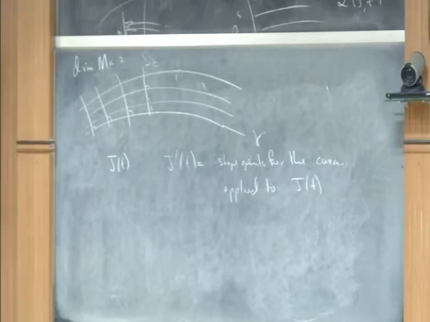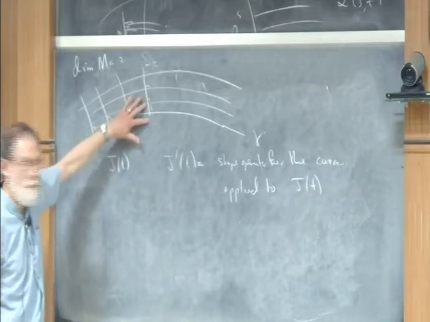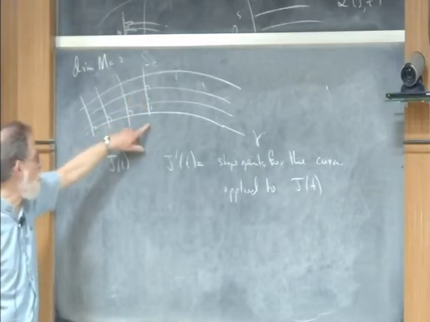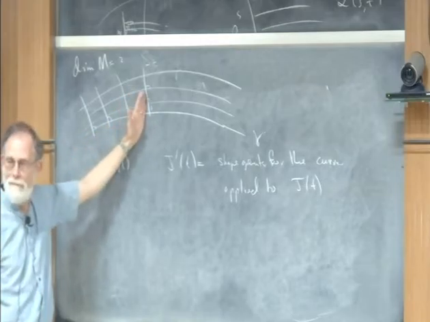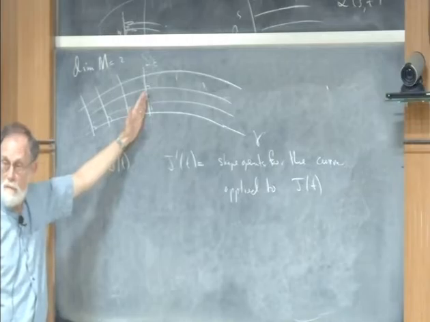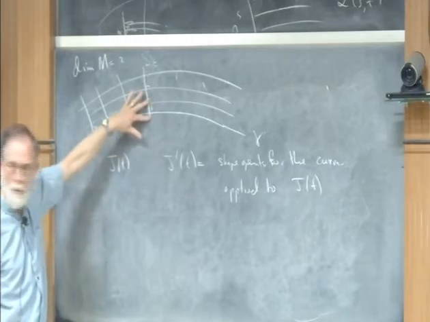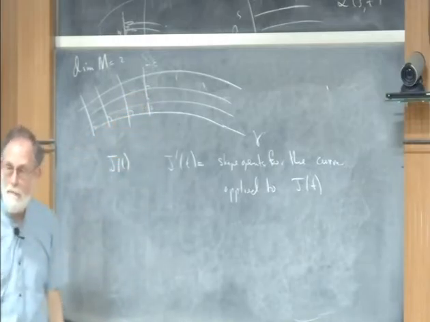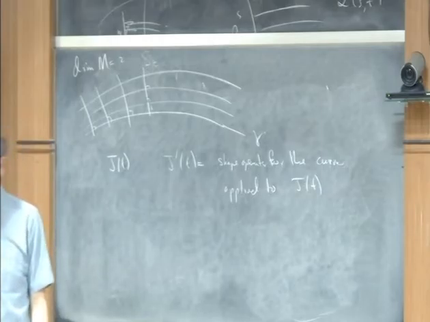And now the shape operator for a curve is a linear map from a one-dimensional space, the orthogonal direction, to itself. It's a linear map of R1. It's a number.